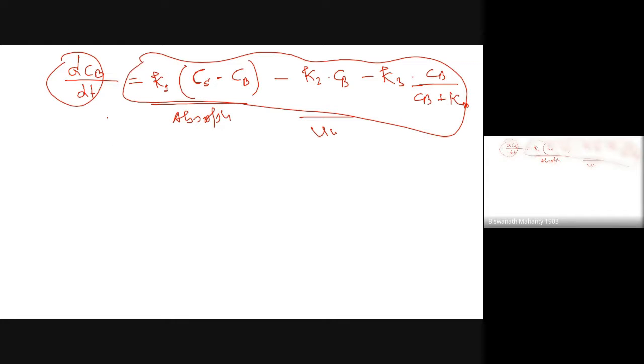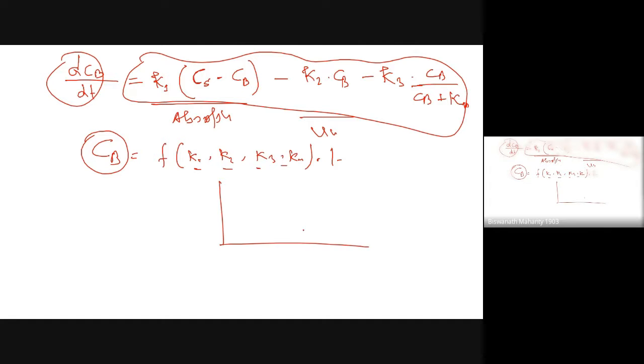If I solve it, I will get concentration as a function of all, if you know K1, K2, K3, Km, all those parameter values, I can find out the concentration profile with time. So concentration versus time. That means with this model, you can predict what is the blood concentration of your drug likely to be. You can make a picture of this because you have already done a modeling.